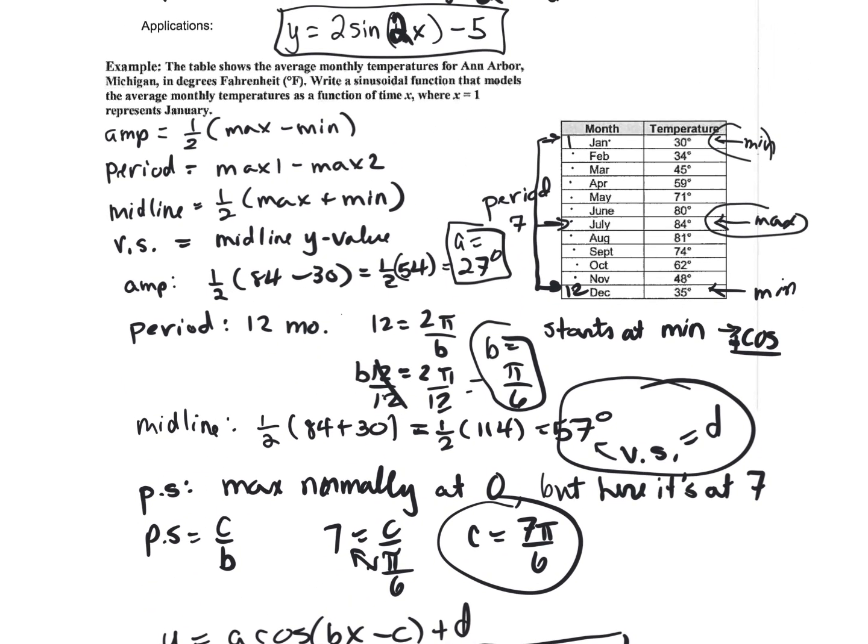So the things you need to remember here: amplitude formula, period formula, midline. How do we get the vertical shift? Again, you're using the same formulas. How do we get phase shift? What do we look at for phase shift right there? How do we decide if it's sine or cosine? Does it start at the midline, or does it start at a max or min? If it starts at a max or min, make it a cosine and phase shift it to where your max is.